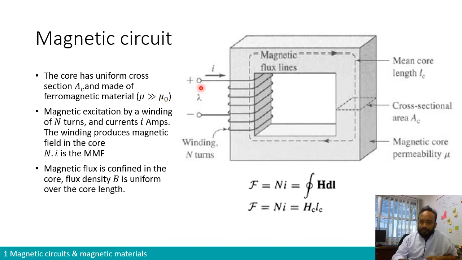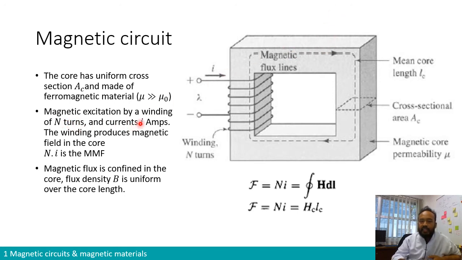So now, after having defined the essence or the basic principle, the basic component that we need in a magnetic circuit, now let's look at what we can do with it. The core, as I mentioned just now, has a uniform cross section of AC, made of ferromagnetic material with mu much larger than mu zero. So the purpose is not to have the magnetic flux leak towards the air.